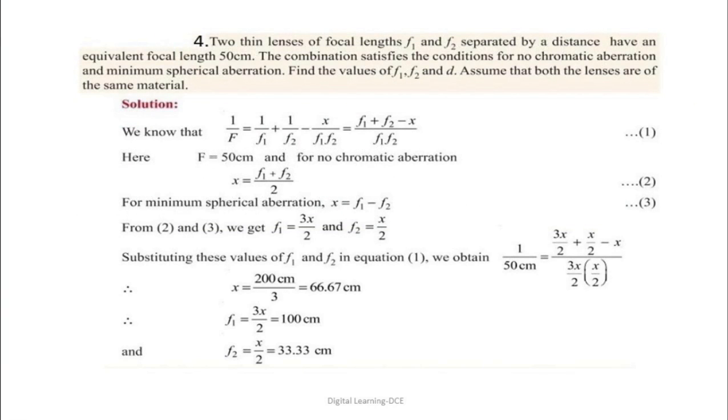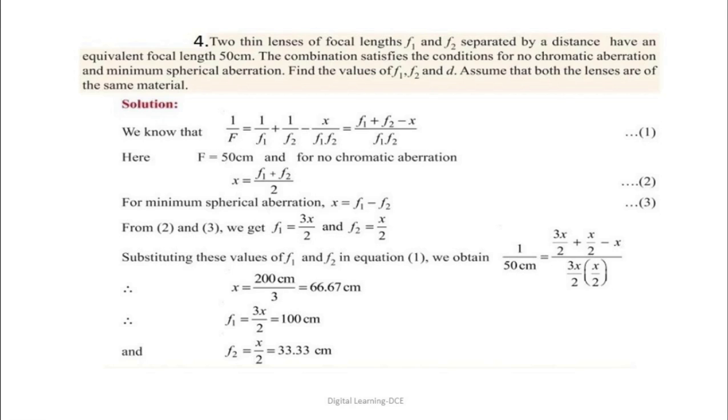Coming to the fourth problem for this session. Two thin lenses of focal lengths f1 and f2 separated by a distance d have an equivalent focal length 50 cm.